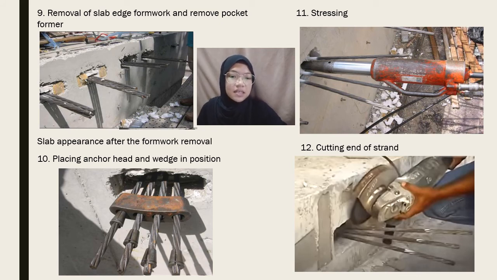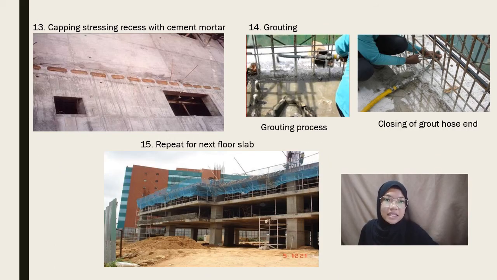After placing the wedges, the stressing procedure will take place. After this stressing process, we will cut the end of the strand. After cutting the end of the strand, we must cap the stressing recess with cement mortar. After that, the grouting process will take place. After the grouting process has finished, we will repeat the next floor slab construction with the same steps.